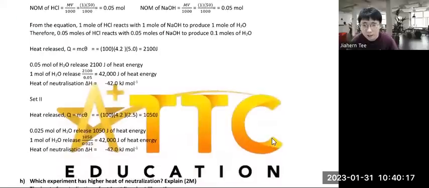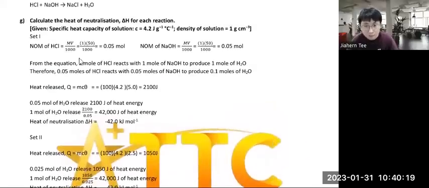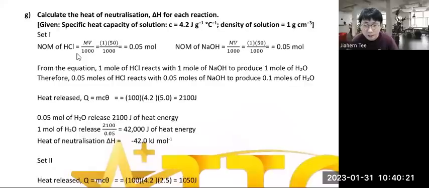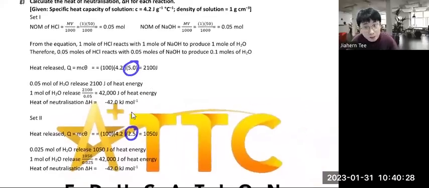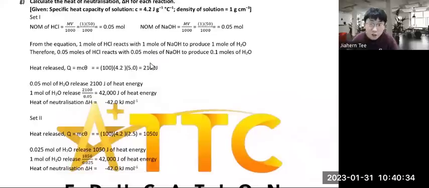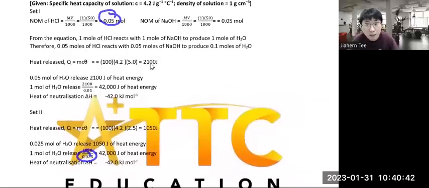You see the calculation at the back. By having different theta, set 1 and set 2 have different theta, right? Different temperature change, so you have different Q, correct? But because your concentration also affects your number of moles, set 1 number of moles is 0.05, set 2 number of moles is 0.025. So what is the meaning of this?